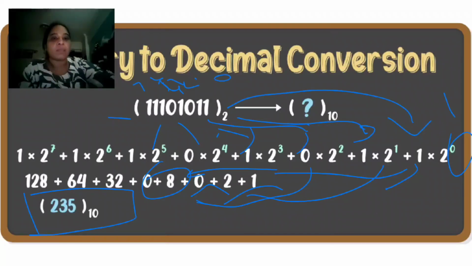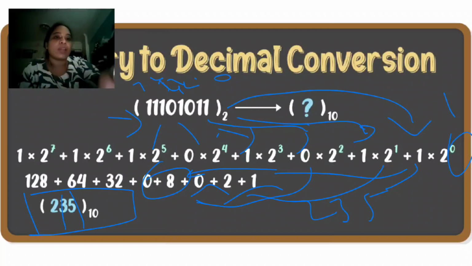They gave this 8-bit value, and it is 235. Now the reverse conversion, decimal to binary: we split the value like this, 5, 3, 2.